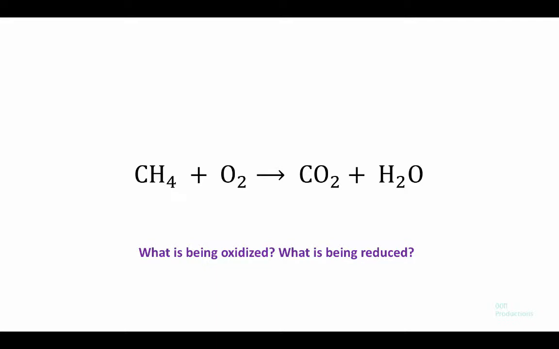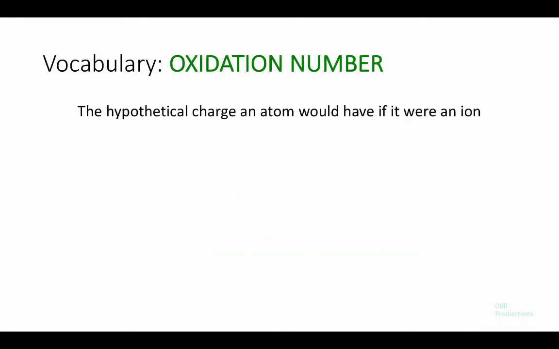In order to figure out what's oxidized, what's reduced, or what's the oxidizing agent and what's the reducing agent, what we need is a little accounting trick, and we call that accounting trick an oxidation number. To calculate an oxidation number, we are going to pretend that everything in the world is made up of ionic compounds.